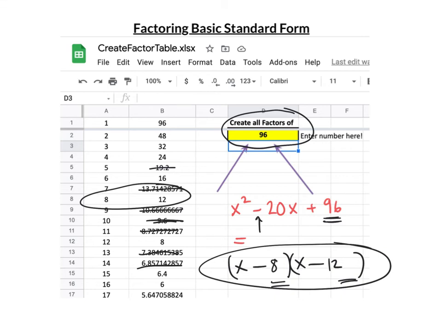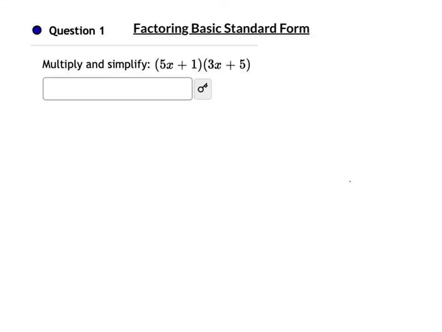The remainder of this video is questions from your assignment. This first question is review. It's foiling, first, outer, inner, last. This is just a special case of the distributive property.